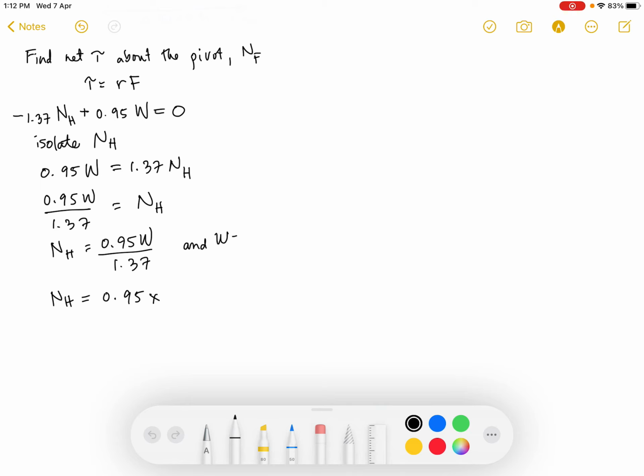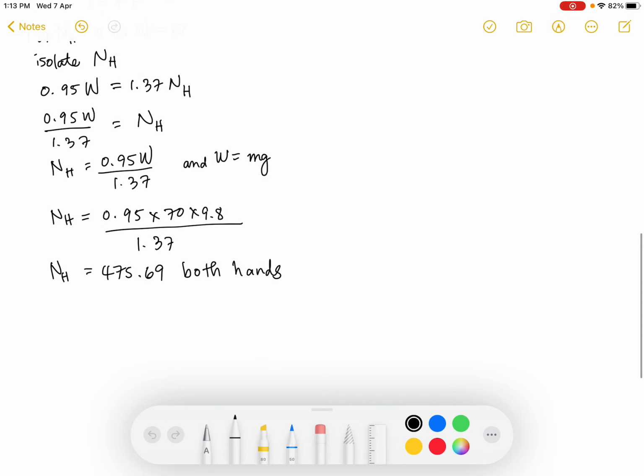That's all divided by 1.37. So the normal force on the hands will be 475.69, and this is for both hands.